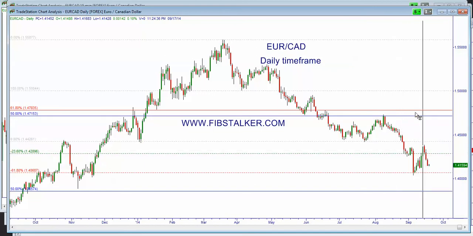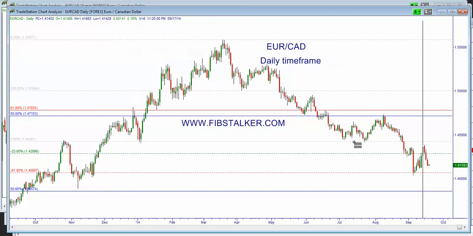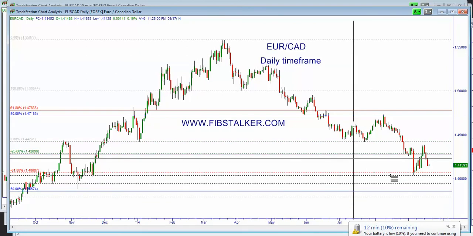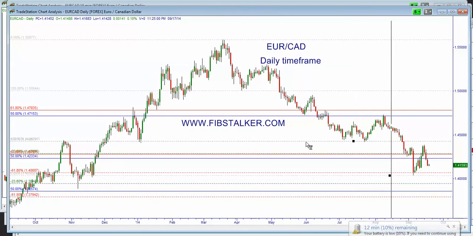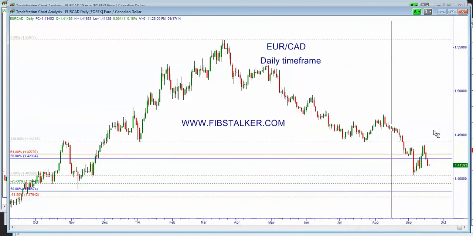And this is the next measured move in the sequence here, an extension short here, and as you can see, this extension short failed.